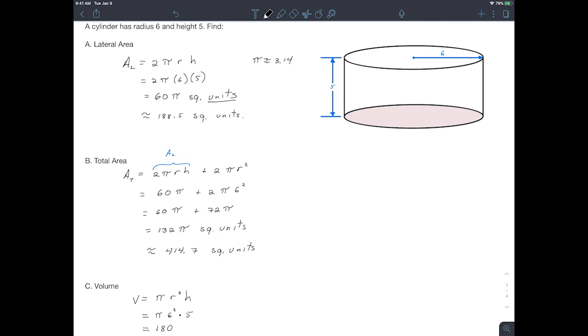These are now cubic units. Volume is always in cubic. And multiplying that out, excuse me, I forgot the pi, 180 pi cubic units. That's our exact answer. The approximate answer will be 565.5 cubic units.